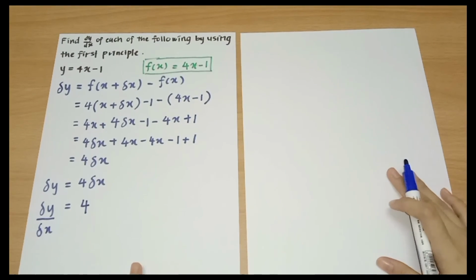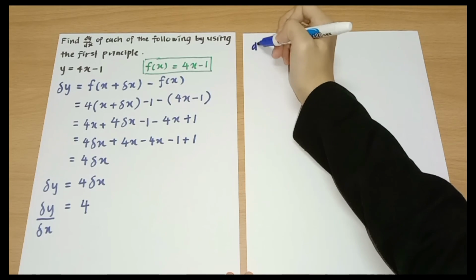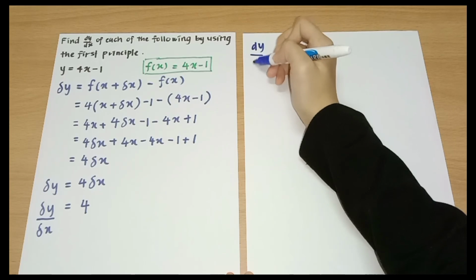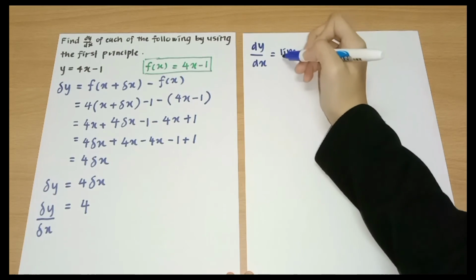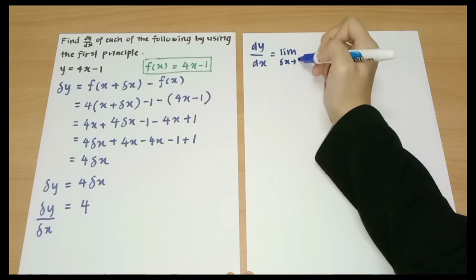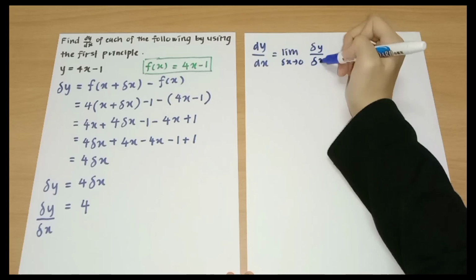To find dy over dx, we use formula dy over dx equals to limit of delta y over delta x as delta x approaches 0.